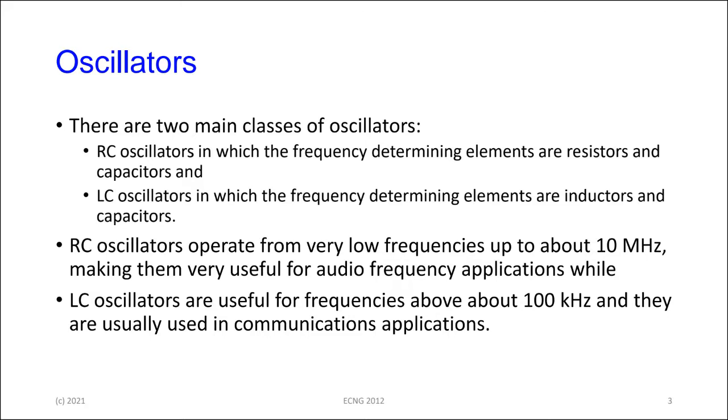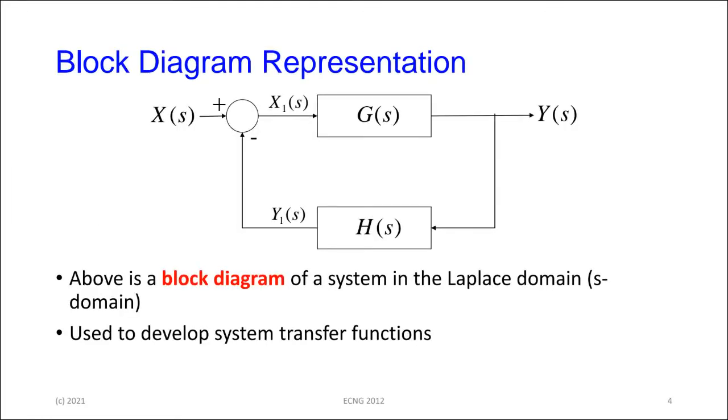All right. So you've seen this before and you're going to see it again. This may be the second or third time, and you're going to see this identical diagram in ECNG 2011, for those of you who are doing it with me also. It comes up with reason. This is a block diagram of a system in the S domain, and we mentioned this when we were talking about feedback.